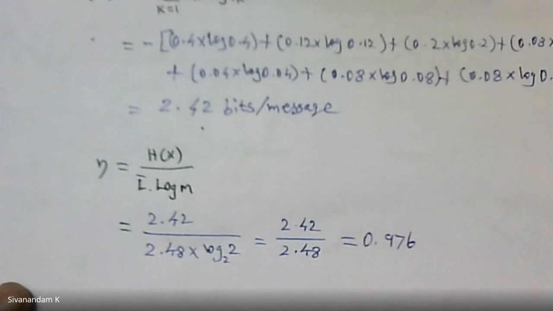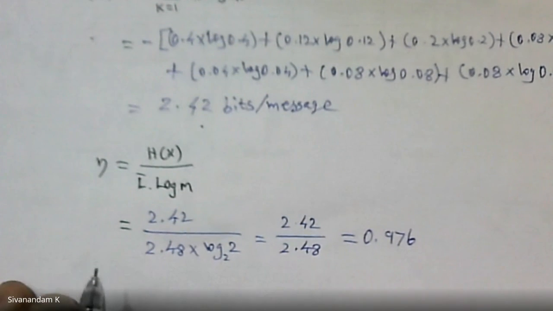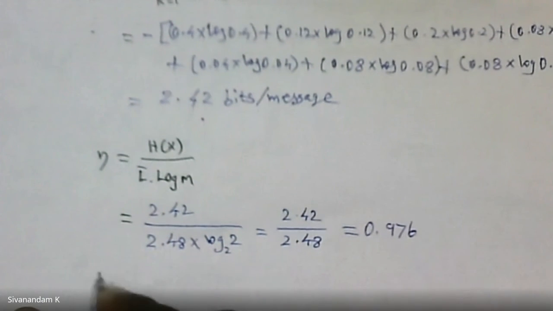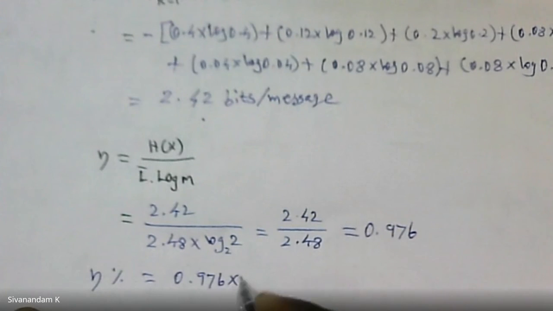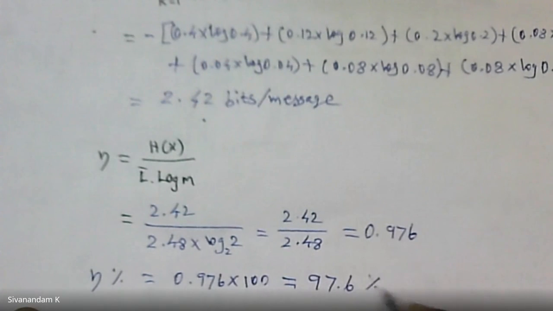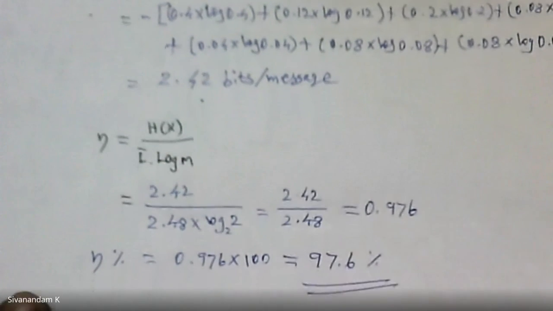If we write this numerical value in terms of percentage, efficiency in terms of percentage is equal to 0.976 into 100, that is equal to 97.6 percent.